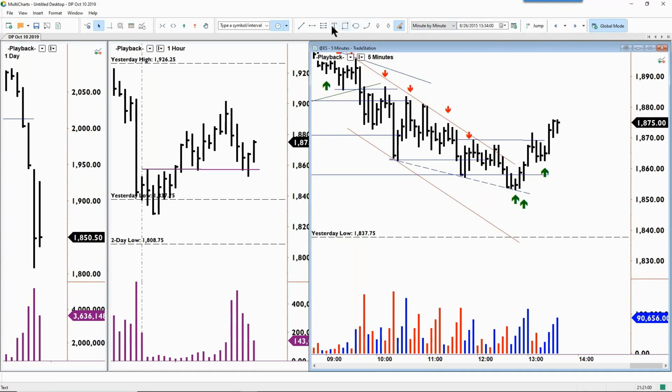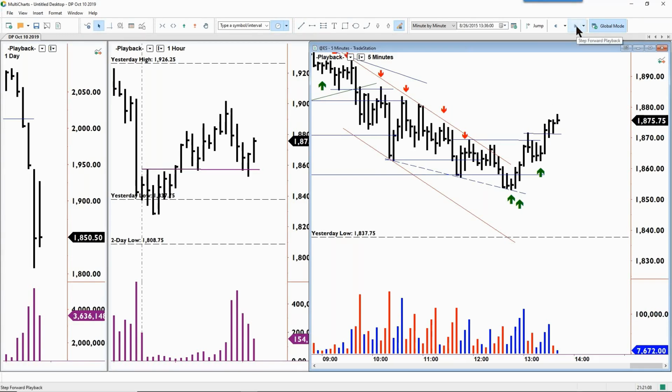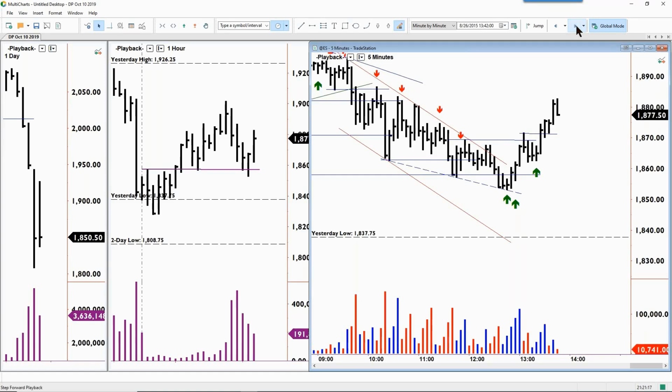And you can see that we're holding here as well. Good movement up. But what happened to the volume, right?